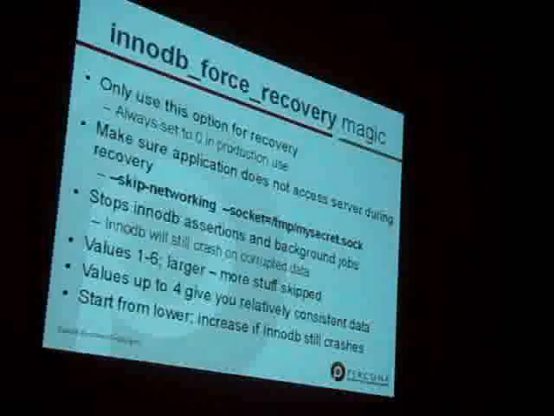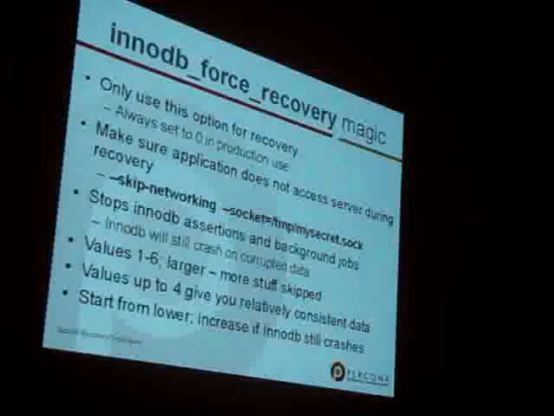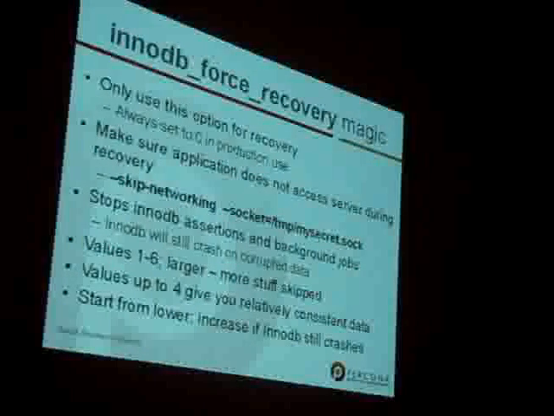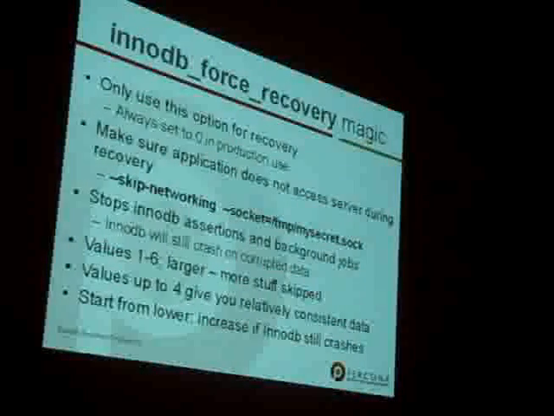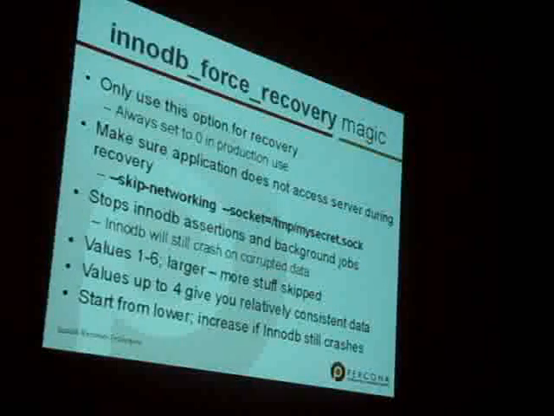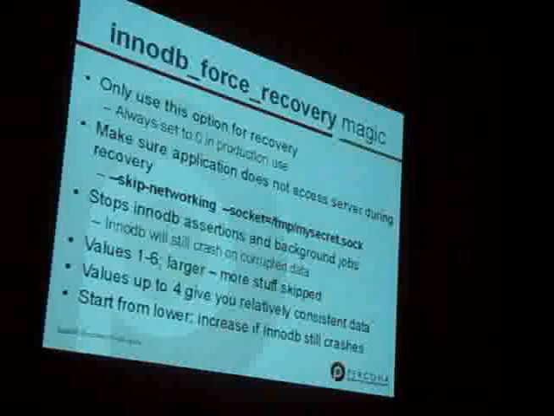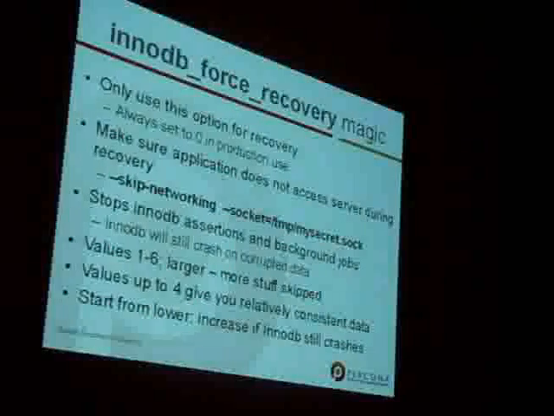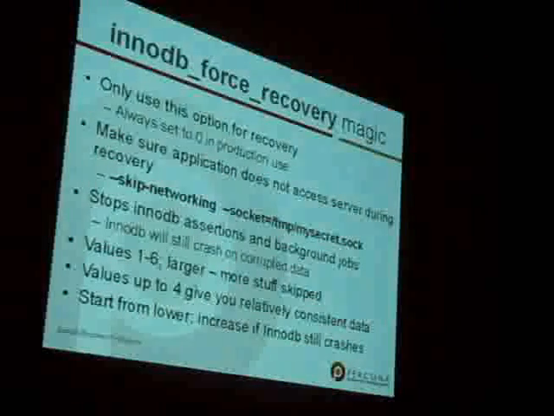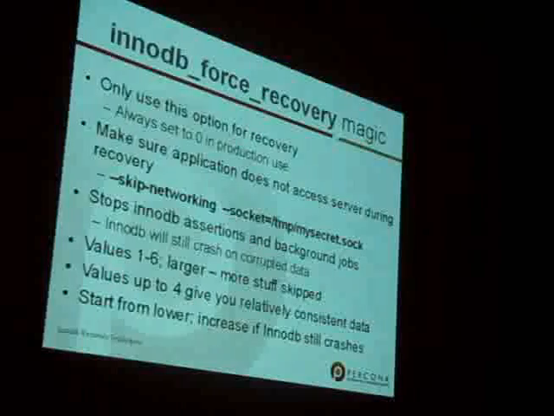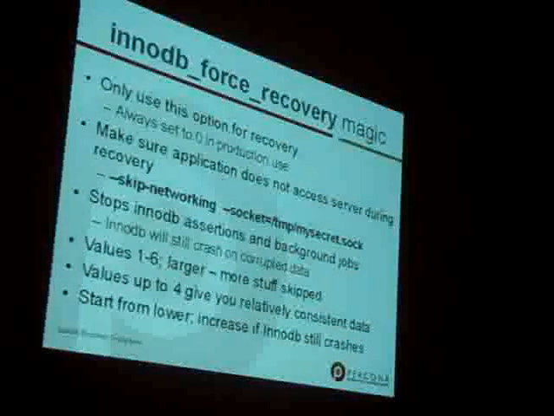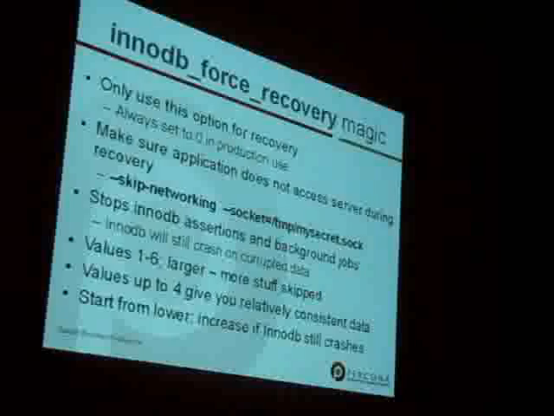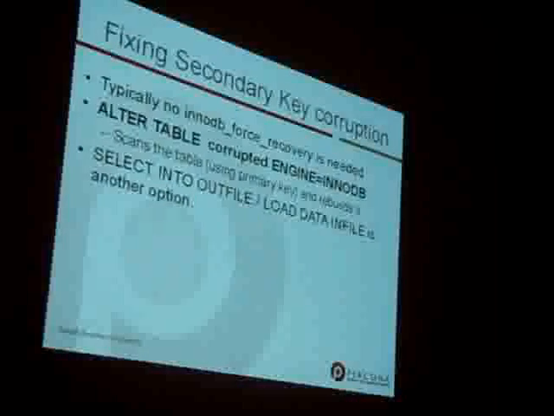Now, values more than 4, like values 5 and 6, correspond to skipping the undo stage, which means that some transactions which haven't been committed will be seen in the database, and skipping the redo stage, which goes in the opposite direction, where some modified transactions may not be reflected in the tablespace. So if you can do your recovery with values 4 and below, that's much better. I typically start with 1, and you have to increase it gradually to get InnoDB to start and dump the data.